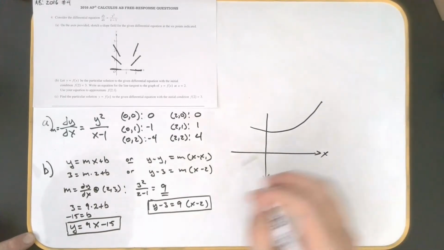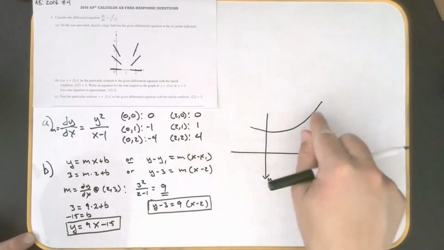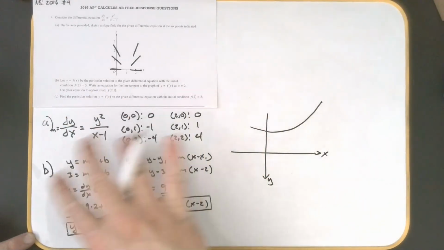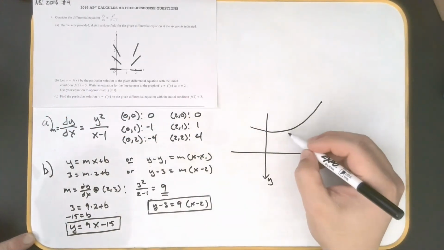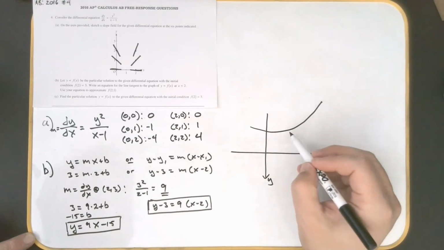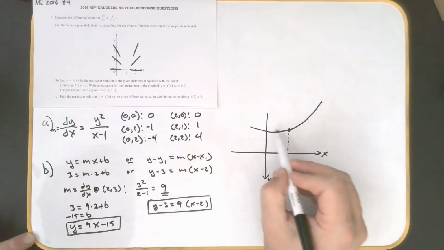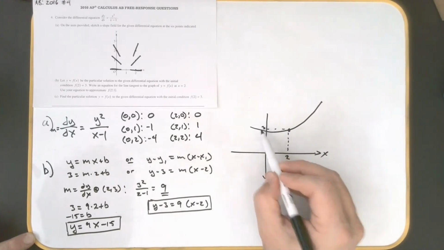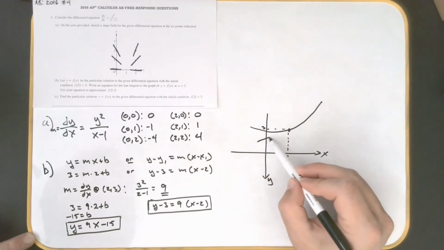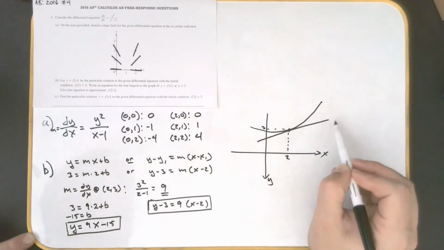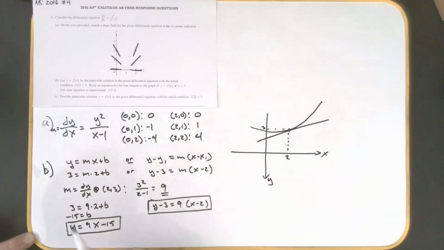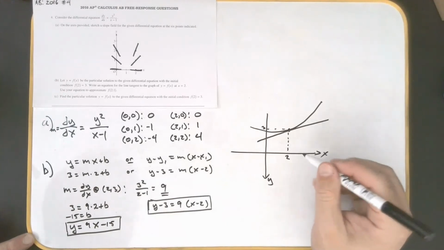So I want to give you an example. I'm just making this up. This graph right here does not represent anything in this problem, but I am going to use the point 2. So what I want to show you guys is, let's pretend this point right here is actually the point 2, 3. All right, and my tangent, I'm just going to draw it right there. Now I know this tangent does not represent this one here. Don't worry about that. I just want to show you the concept here.